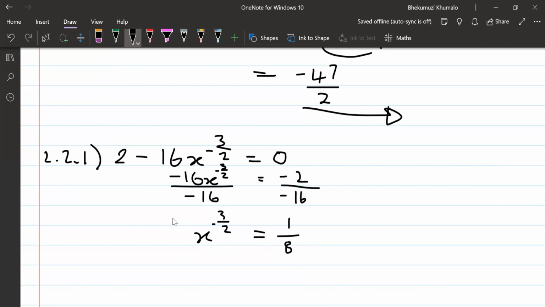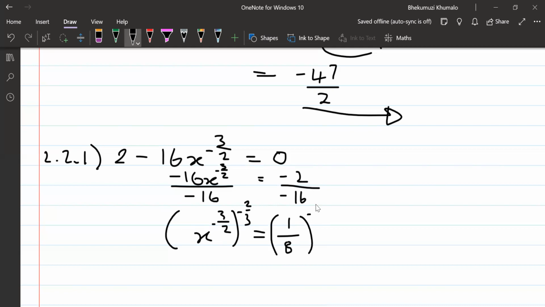Now, how could we get rid of this? We could multiply by the opposite, meaning we take the denominator and make it the numerator, but we still need to multiply by negative to get rid of the negative. So then it is 2 over 3. But whatever we do on the left-hand side, we must do on the right-hand side.